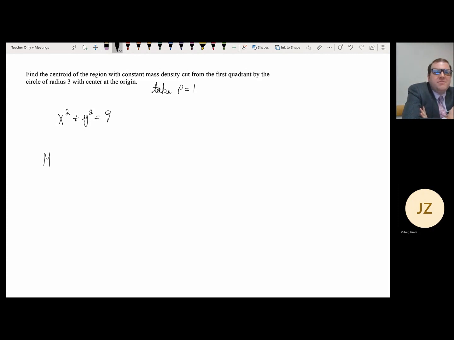Mass. Integrating from what to what? And what are we integrating? What's the integrand?